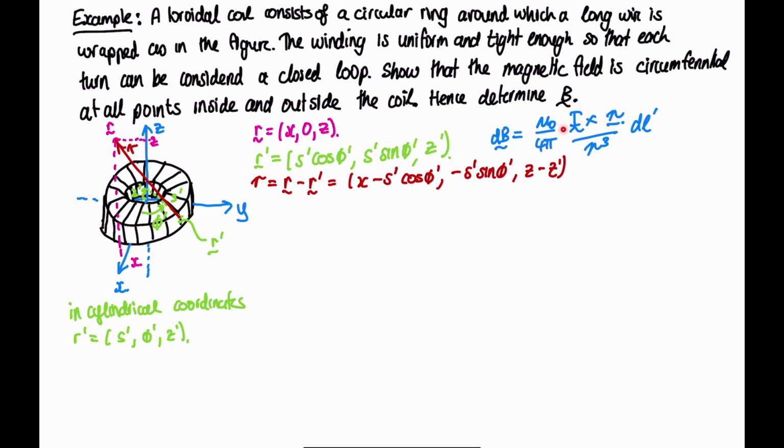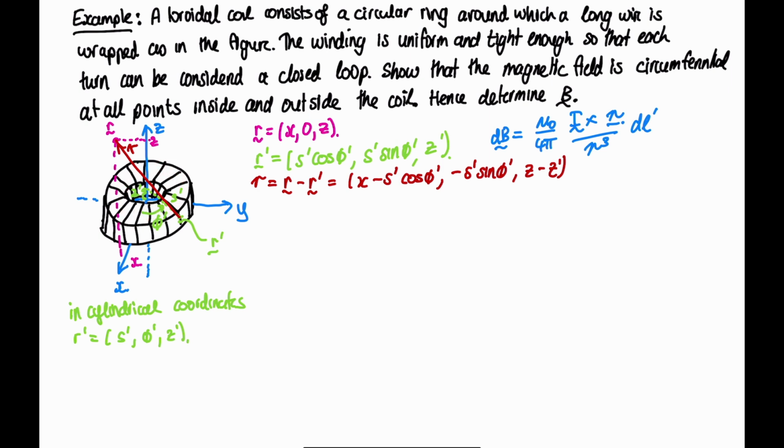Now we're going to need to consider the current. So in a toroid, we're told that the windings are uniform and tight enough so that each turn can be considered a closed loop. So what that means in practice is that on each of these loops, the current is flowing, here it's flowing upwards, so in cylindrical components that's in the z direction, and then along here it's flowing in the radial direction, so in the s direction, but nowhere is the actual turn going around the circle like this.